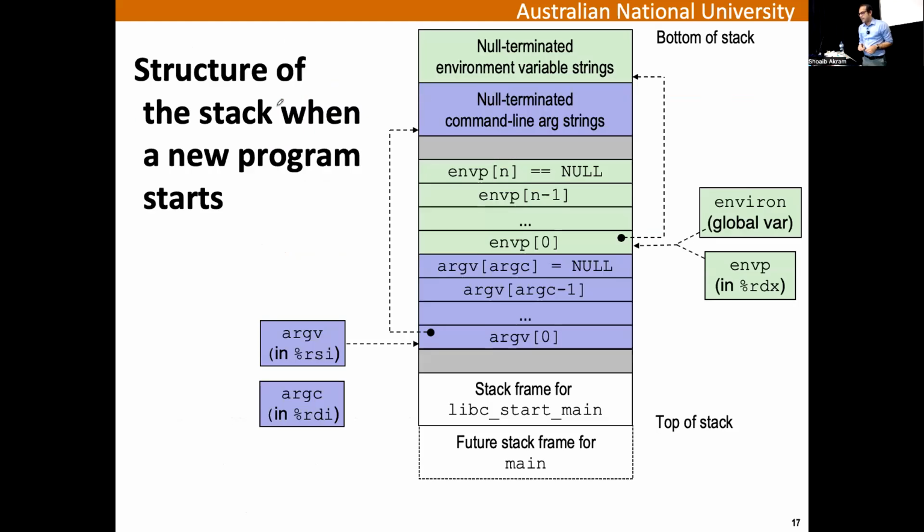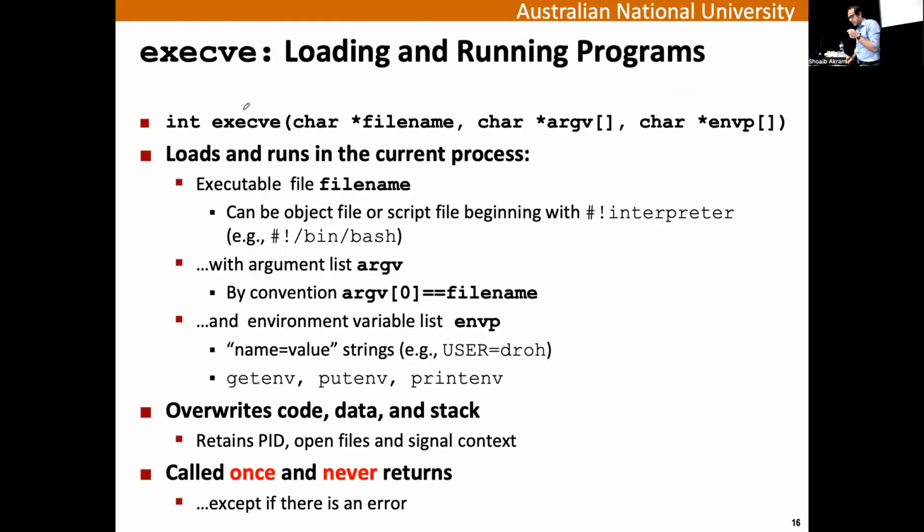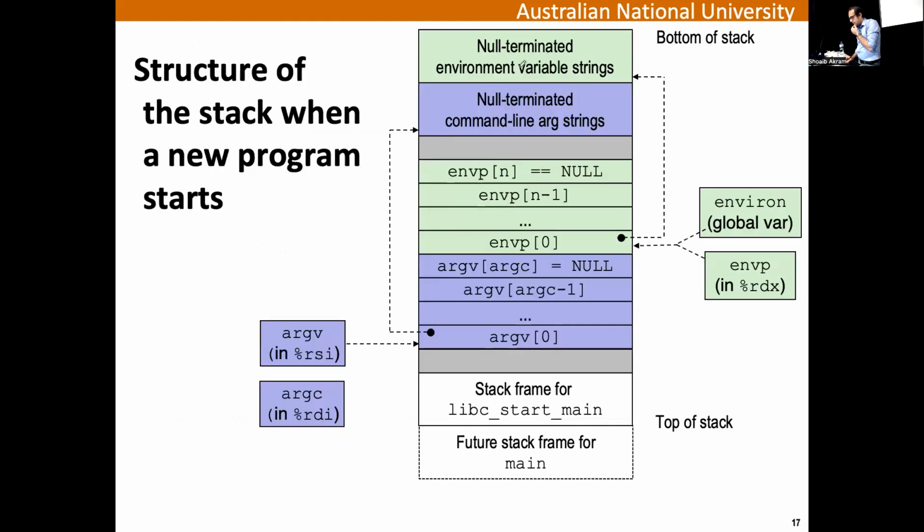So here is the structure of the stack when the new program starts using the exec system call. If we go from top to bottom, here we have all the environment strings.